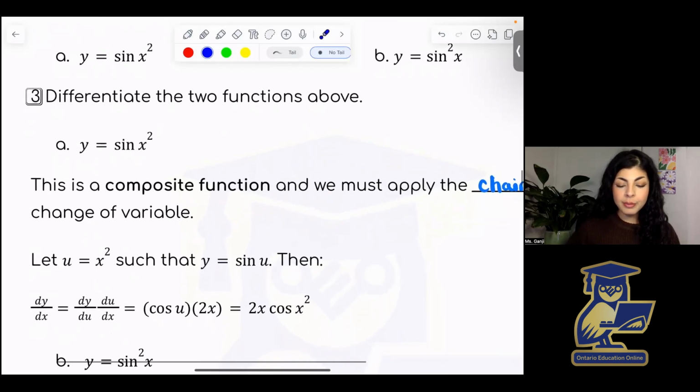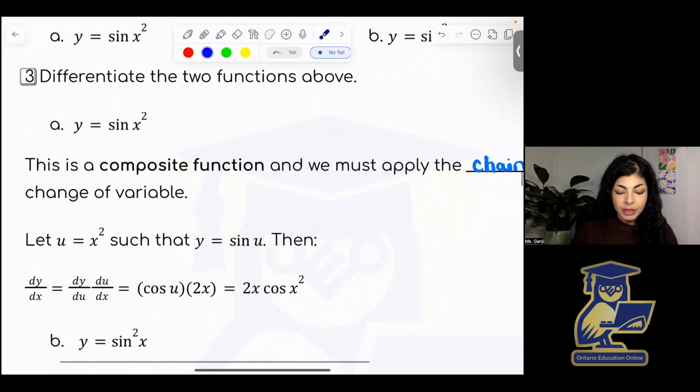Now remember from chain rule, when we are differentiating now dy by dx, with a change of variable, this is dy by du, and then we have to differentiate u itself with respect to x, which is du by dx, because our original derivative had that dx. Now, dy du is going to be cosine of u because that's the derivative of sine of u.